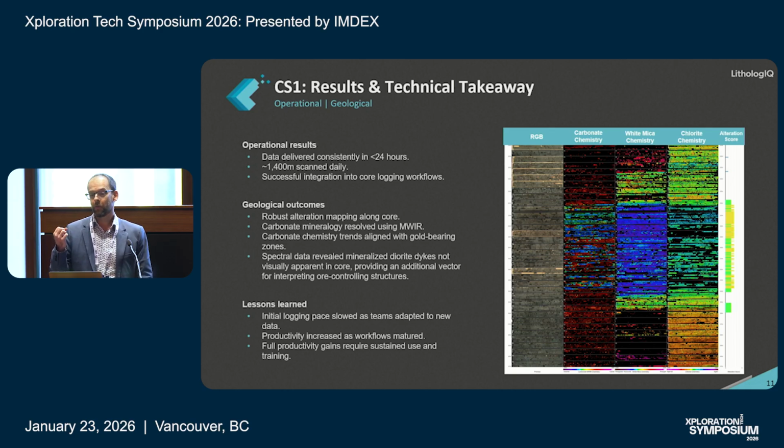We were hoping that we would really accelerate the logging during this project, but it turns out that it was a little bit slower because we were giving so much more insight information to the geologists, so they were taking more time looking at small details that they were not looking at before.